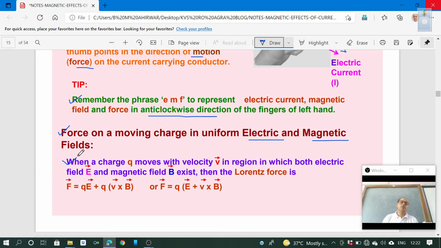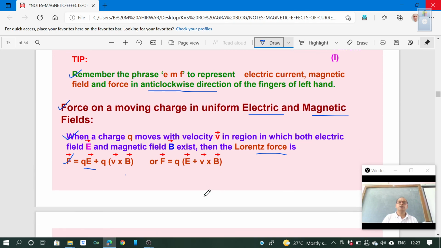We already know the force experienced by the charge particle in the electric field is given by F_E equal to qE. So when a charge q moves with velocity v in a region where both electric field E and magnetic field B exist, then the Lorentz force is the vector sum of these two forces: F equal to qE plus q v cross B, or F equal to q times E plus v cross B, with q common.